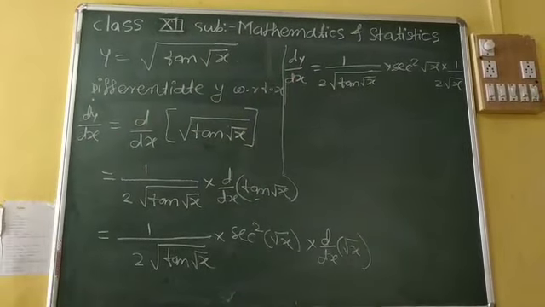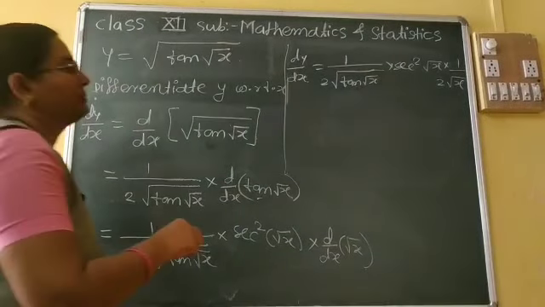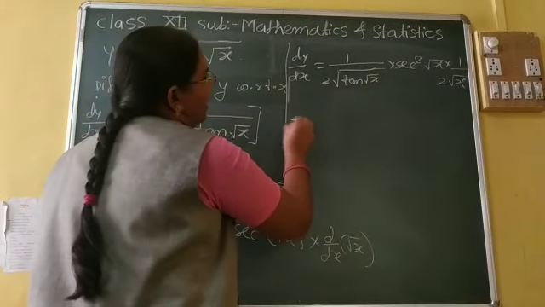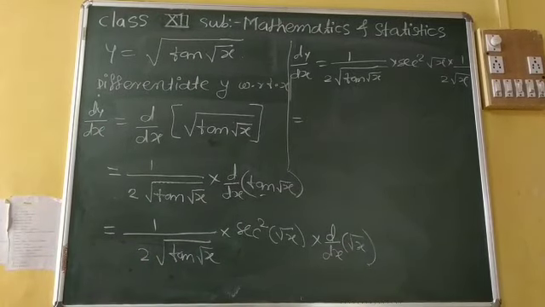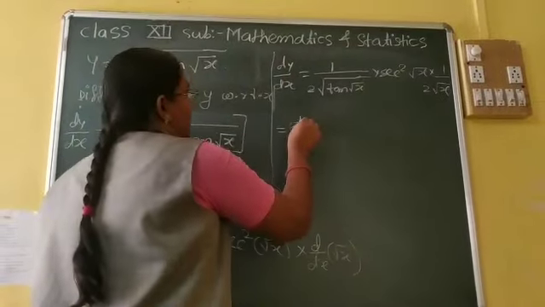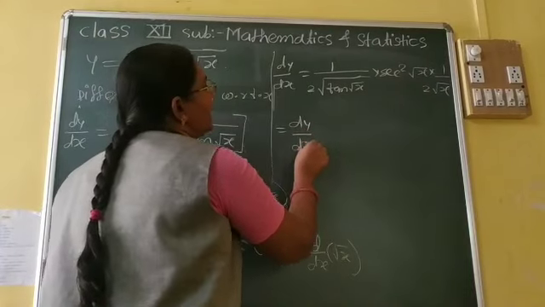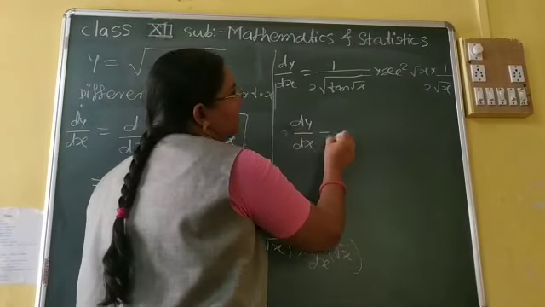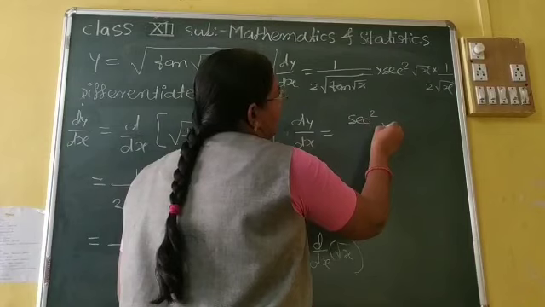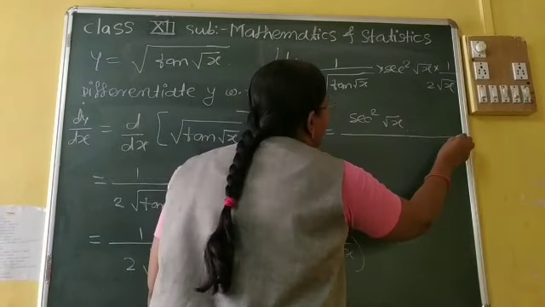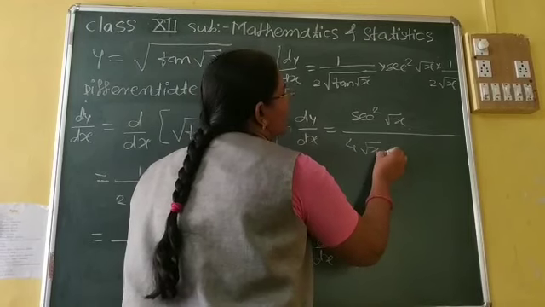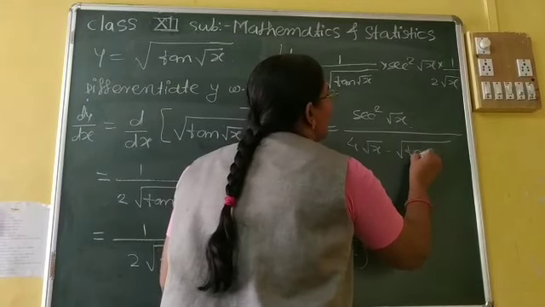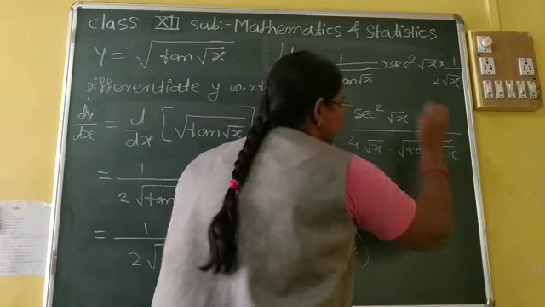Okay, that is equal to dy by dx is equal to sec square of root of x divided by 2 into 2, this is 4 root of x into root of tan of root of x.